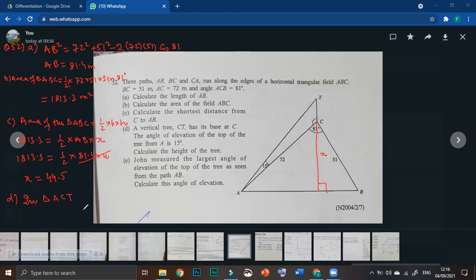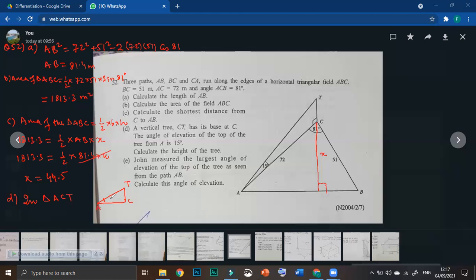Is ACT drawn exactly 90 degrees on the diagram? No. The angle C is 90 degrees, but you can see that TC and CA are not apparently at 90 degrees. We will draw this one separately. CT is vertical, CA is horizontal.